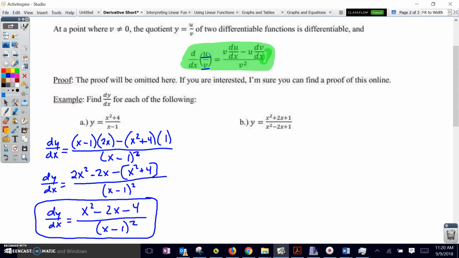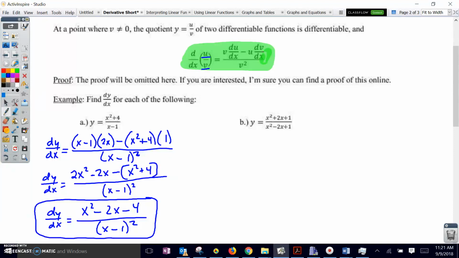Now sometimes when we're doing quotient rule problems, we'll have opportunities to simplify, factor things out of the numerator that will then cancel with the denominator and things like that. In this case, that's not really going to happen for us, so we're going to stop right there.